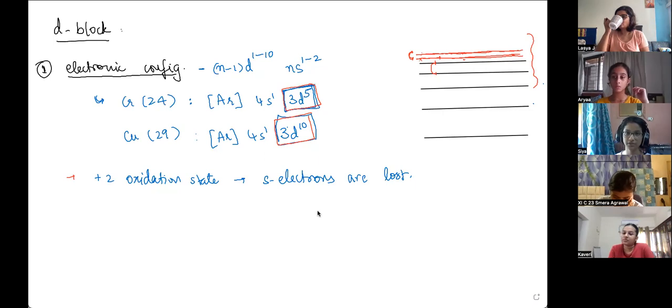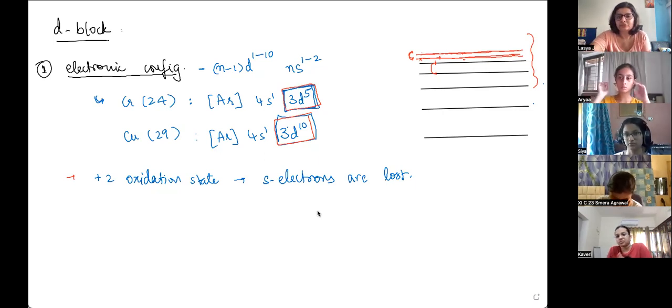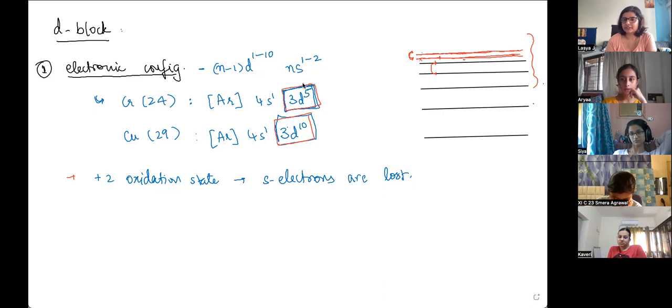Wait, can you repeat the s electrons lost part? So if it has to form ionic compounds by losing electrons, it will lose the electrons in the outermost shell. So that is the reason, the outermost shell, meaning n equal to 4, is the outermost shell that they have. So these s electrons are the ones that are lost.